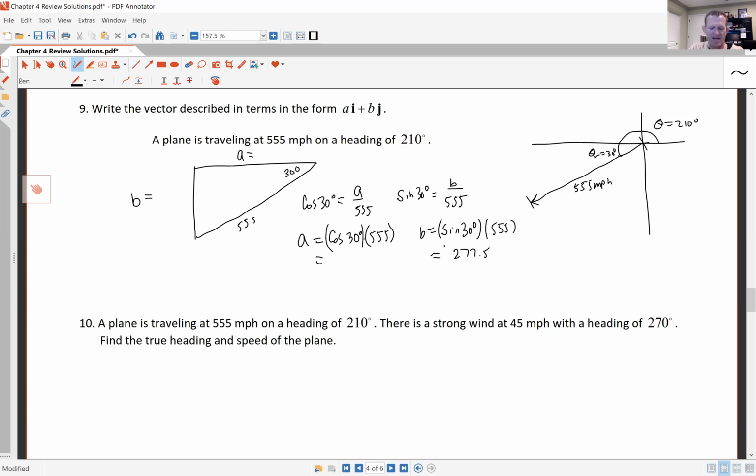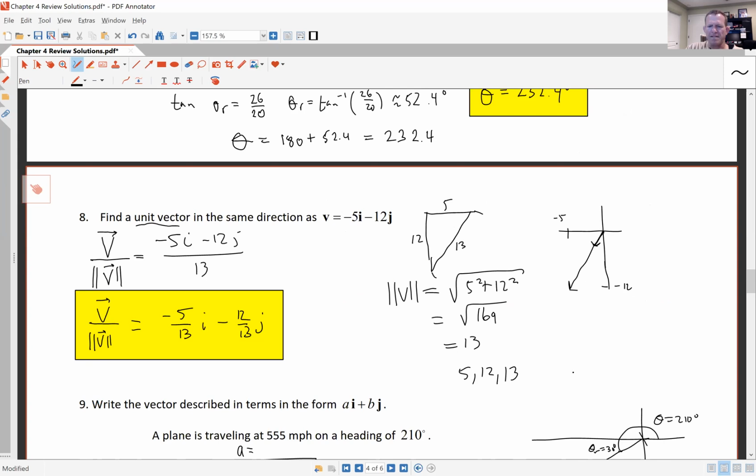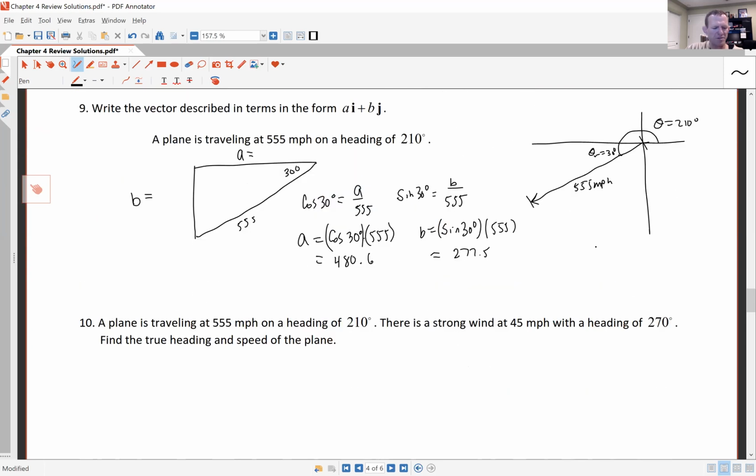Now 555 times cosine of 30 is 480.6. It didn't tell us how many spaces to round to, so we'll just do one decimal space. Okay, so that's A in absolute value.